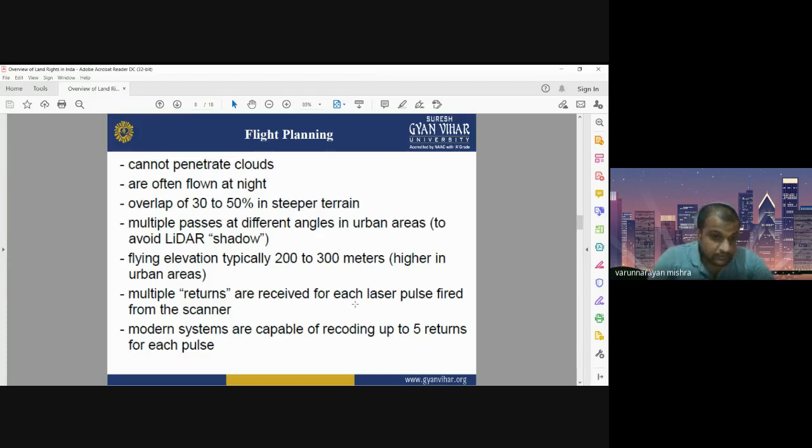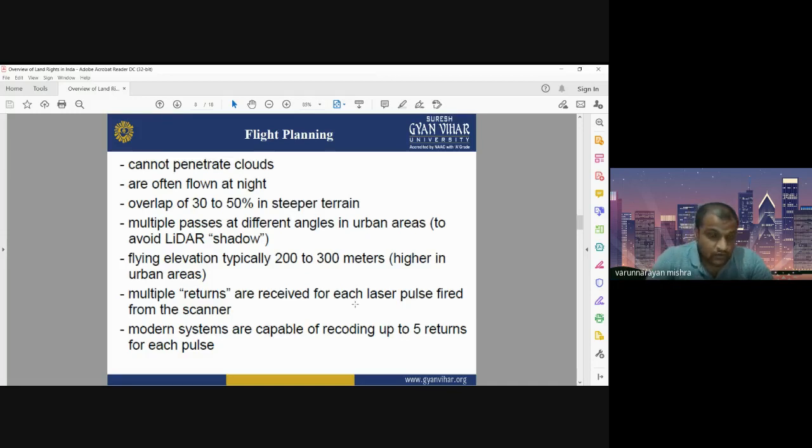So multiple returns are received for each laser pulse fired from the scanner. It transmits pulses at a very fast rate, so there is a possibility that the same pulse may interact with different objects and return to the receiver. So you may have multiple returns for each laser pulse transmitted from the lidar system.